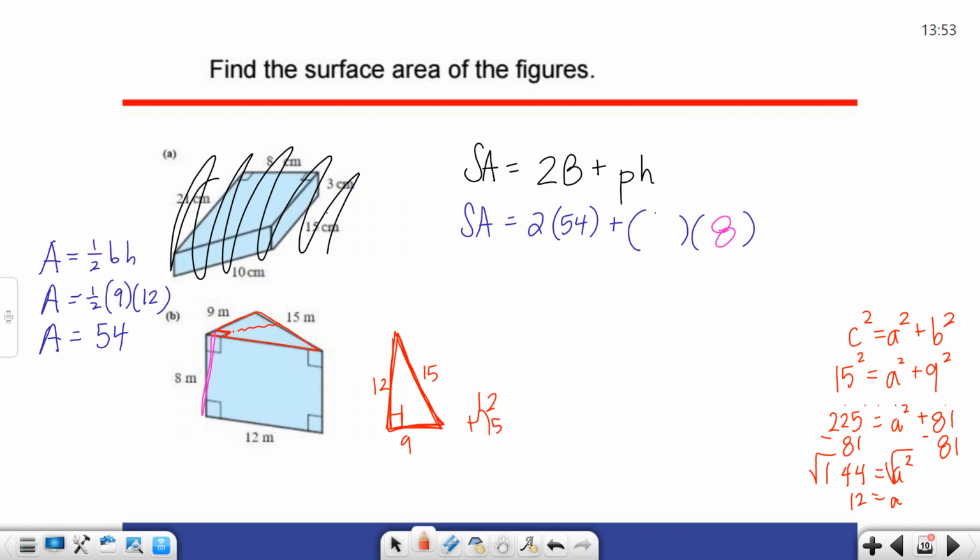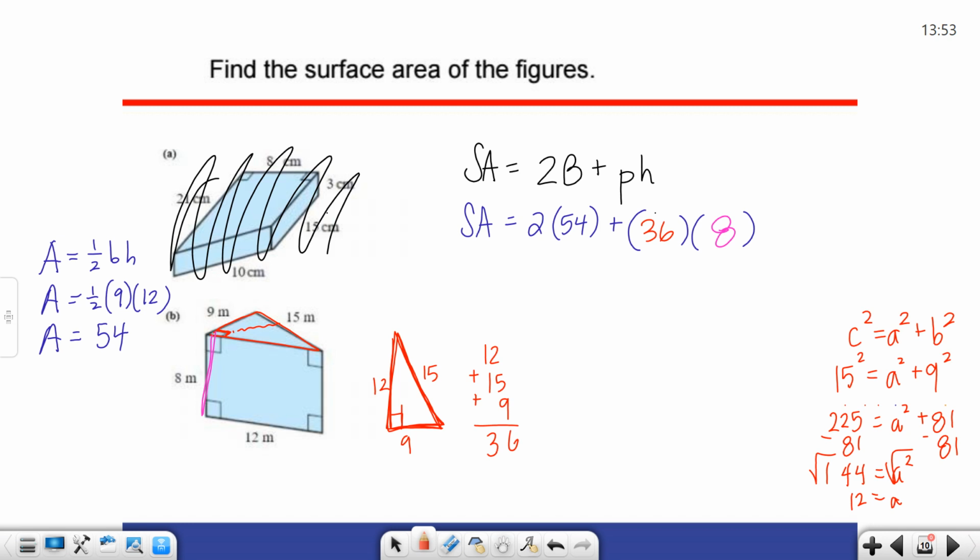So 12 plus 15 plus 9, that's 27 and 9. Yeah, 36, looks good to me.